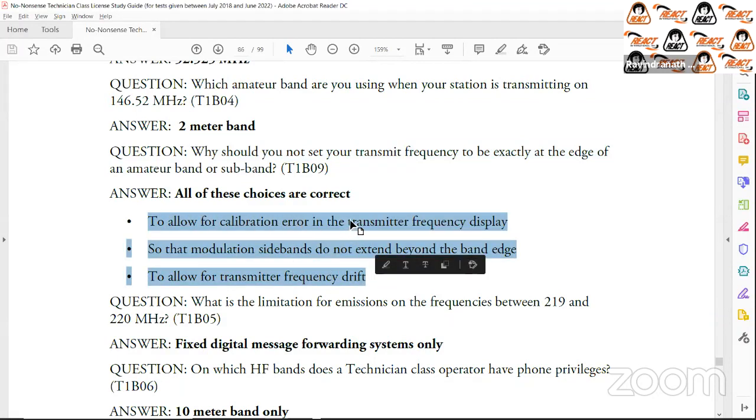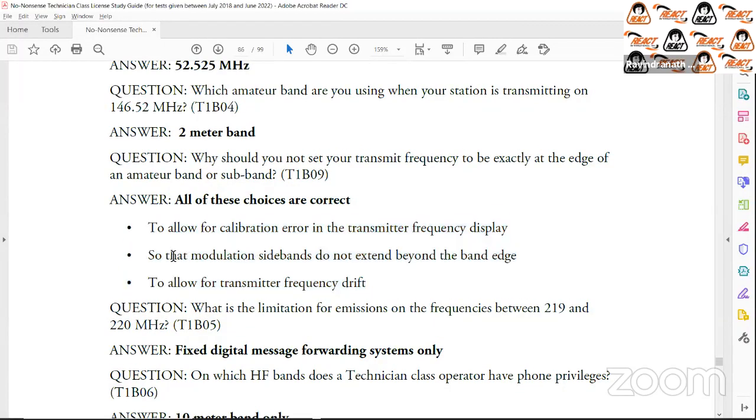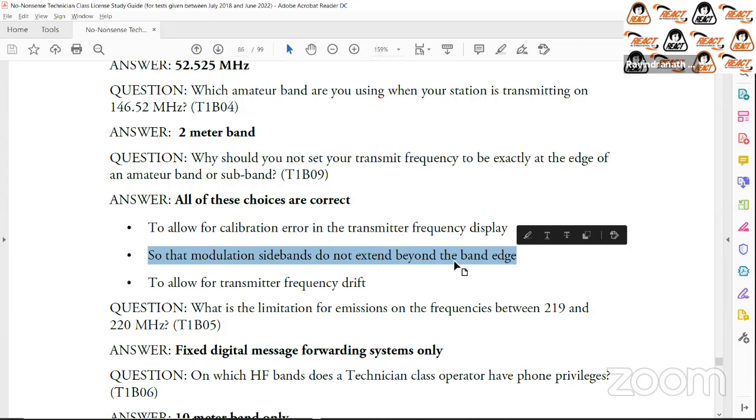These are all the reasons why you should not set your transmit frequency display to the exact edge of your band. You have the privilege there, but you should not set it to that because you need to allow for calibration error in the transmitter frequency display, right? You also, so that the modulation sidebands do not extend beyond the band edge. Remember the diagram I showed you today?